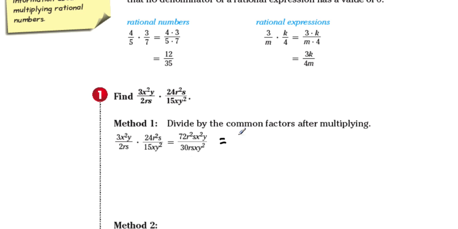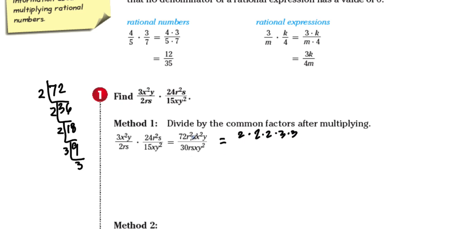If you want to do the drop down method, that would help you. 2, this is 36, 2, 18, 2, 9, 3, 3. So this would be 2 times 2 times 2 times 3 times 3.